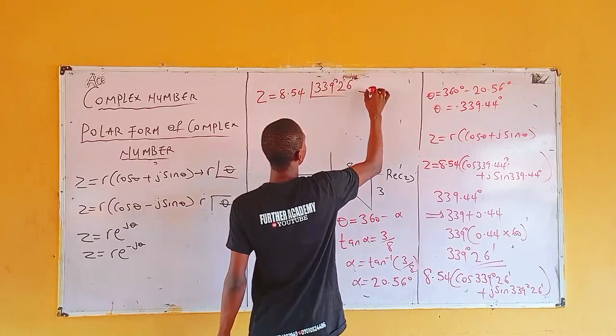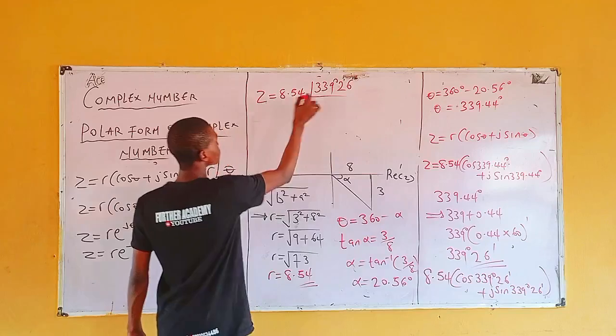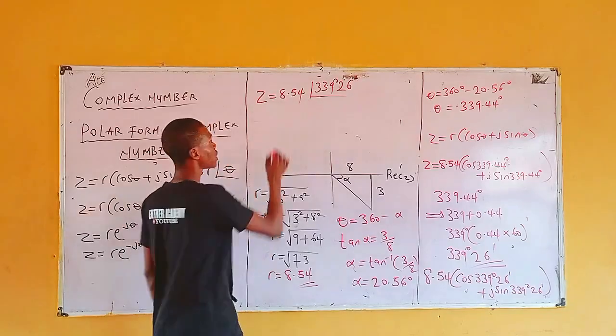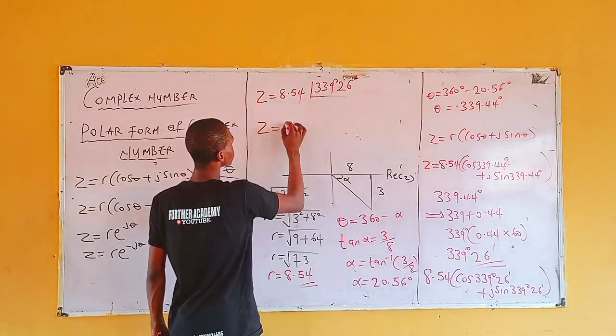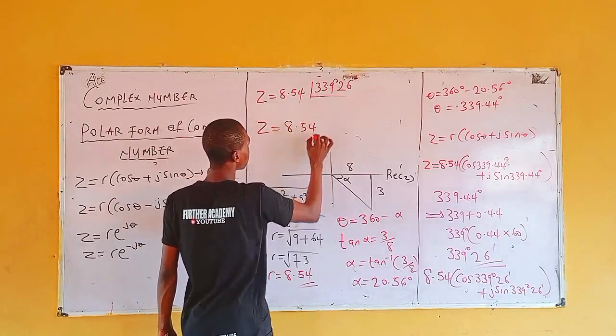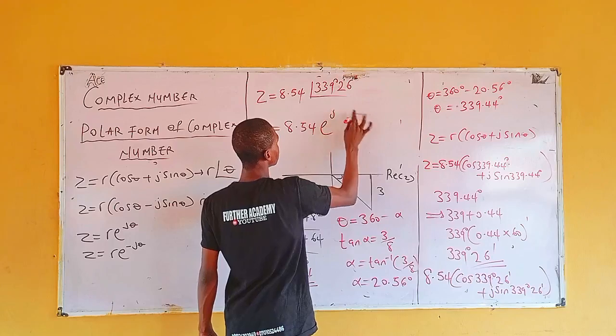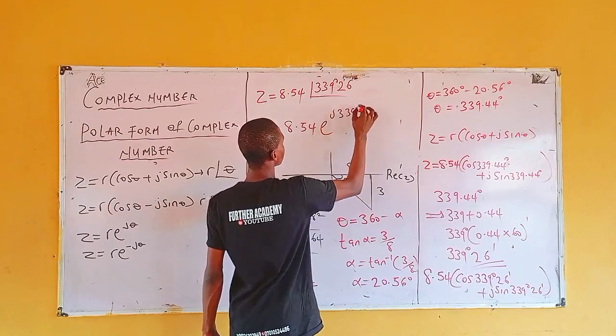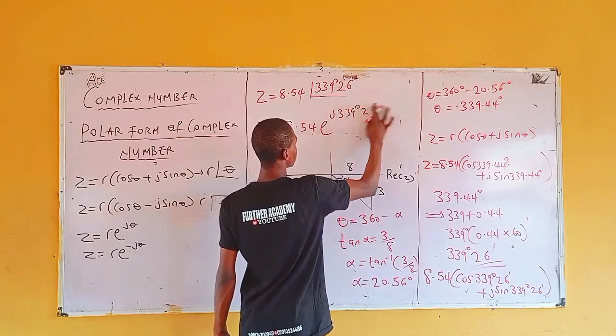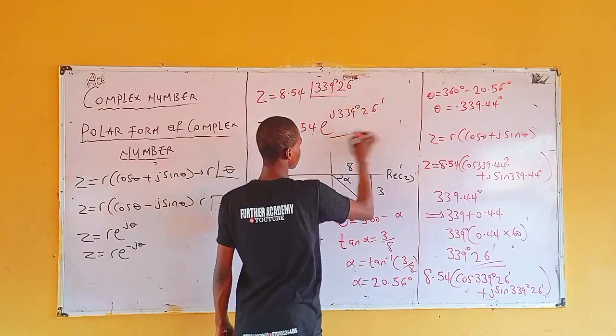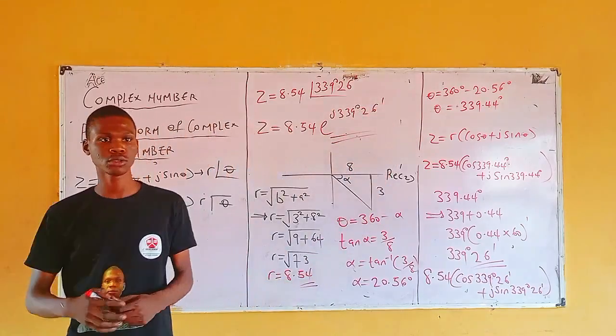This is the short form. Let's express this in exponential form. z is equal to 8.54 exponential j 339 degrees 26 minutes. Is that understood?